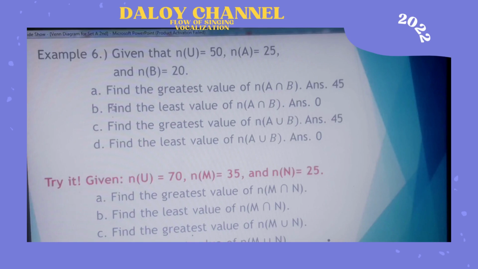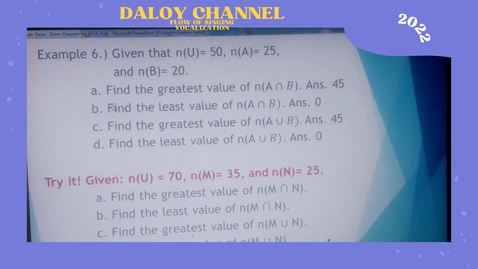So if the total of the cardinality of A and B is 45 out of 50, the greatest value of the intersection between two sets is 45, and the least value of the union between the two sets should be 0. So 45 compared to 0, that is the relationship that we can consider here.